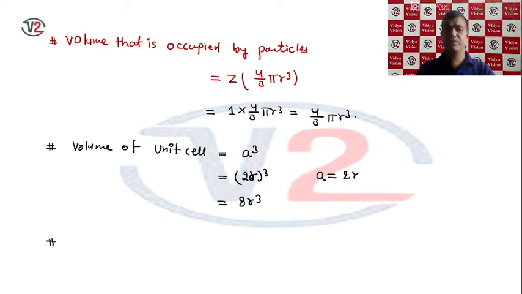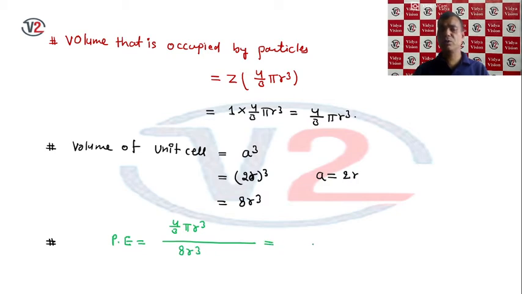And now we want to determine the packing efficiency or packing fraction. Then the packing efficiency or packing fraction will be equal to volume occupied by the particle, that is 4 by 3 pi r cube, divided by the volume of the unit cell, that is 8r cube.